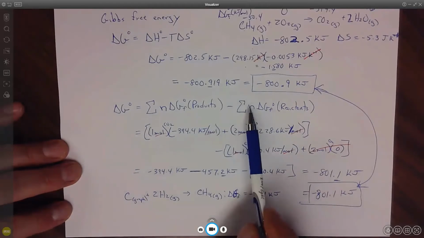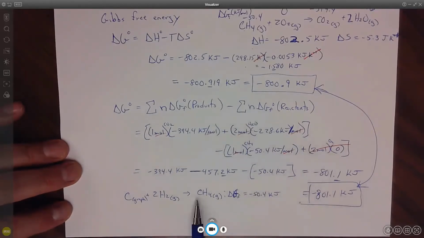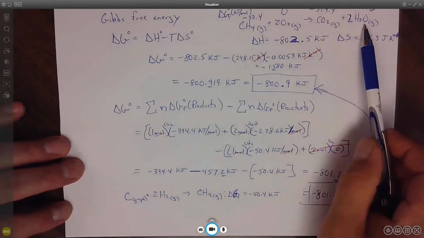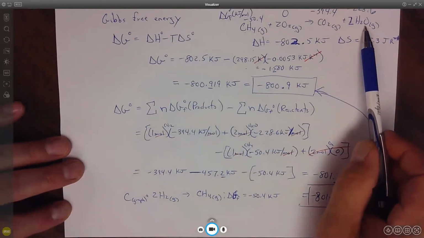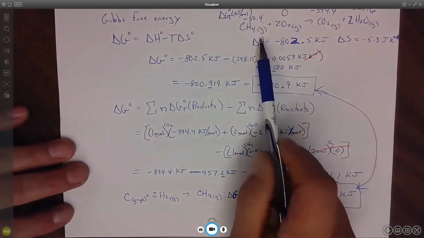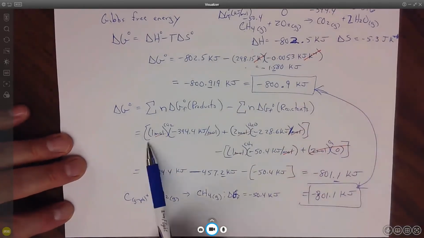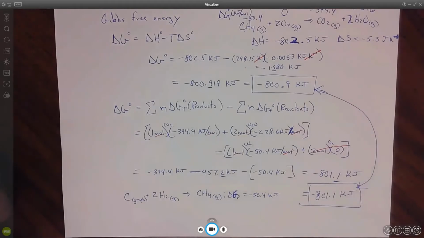And then the n is changing the multiple so that when we add all of the formation reactions together for these reactants and products, we basically get this overall reaction. And so the summation law just simplifies all that for us. Okay, any questions about that?